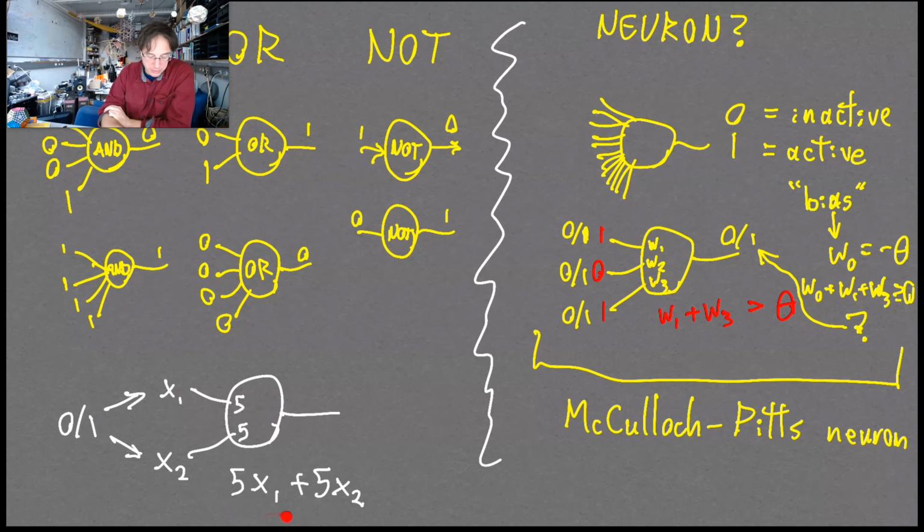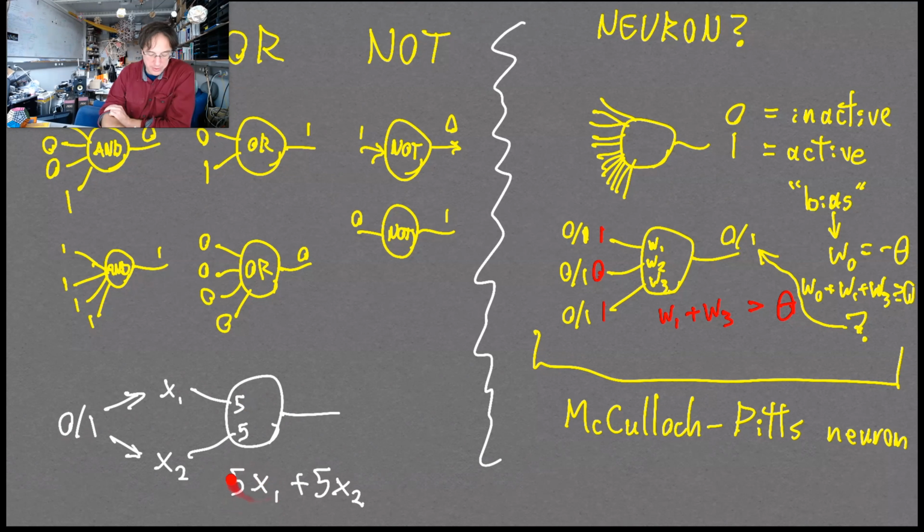And so if we look at this term, if x1 is 0, this term is 0, it disappears. But if x1 is 1, if this input is active, then this term is 5. It's exactly the weight here. So this multiplying is just a little trick to turn active, which we encoded as 1, and inactive into the right value. If the presynaptic neuron was active, this is 5, which is the weight.